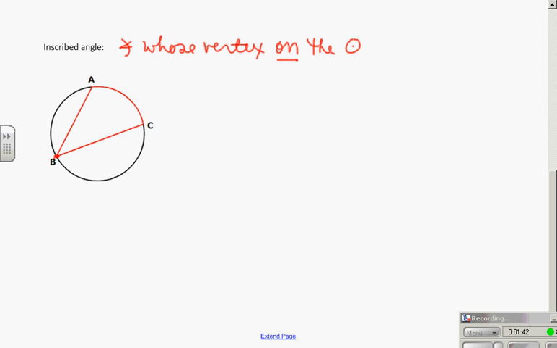So what we know now, if I call this angle X, is that the measure of arc AC is going to be equal to 2 times the measure of angle ABC. So in effect, AC is 2 times X. And while pictures lie, that should visually make sense, that the arc would be bigger.